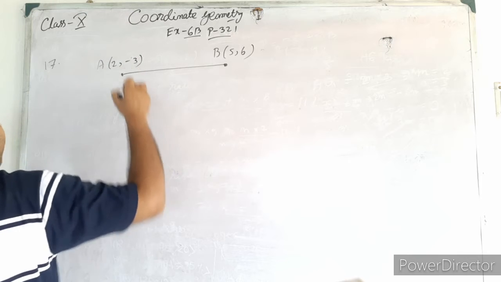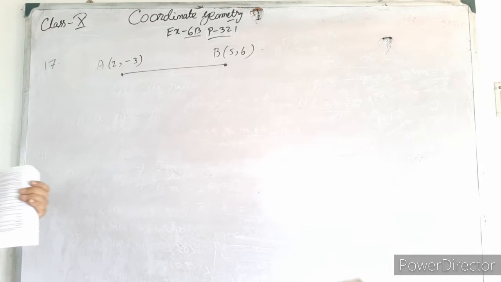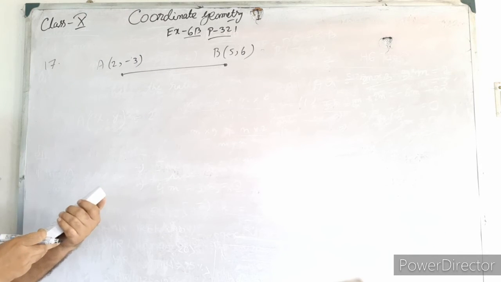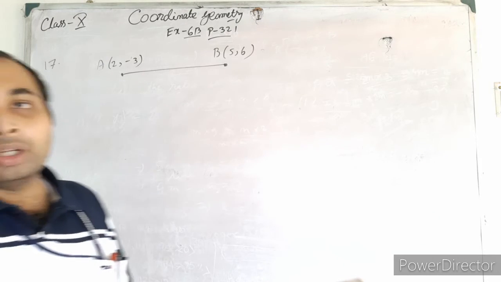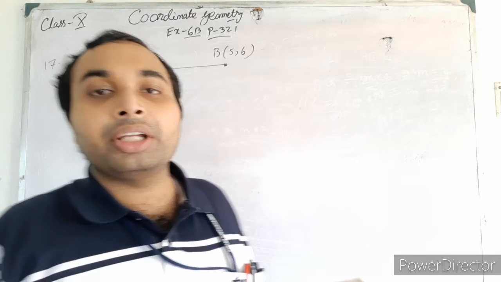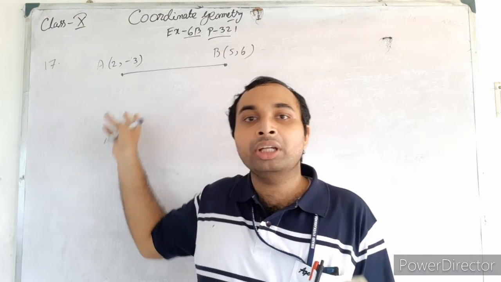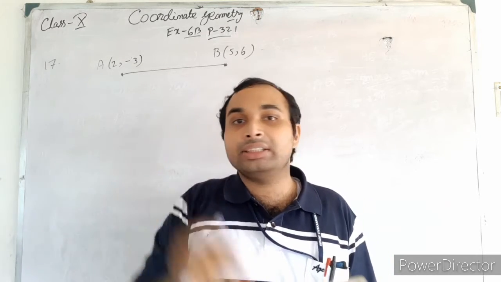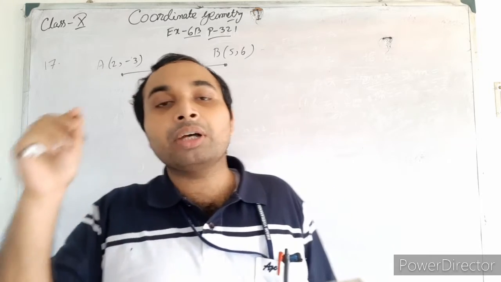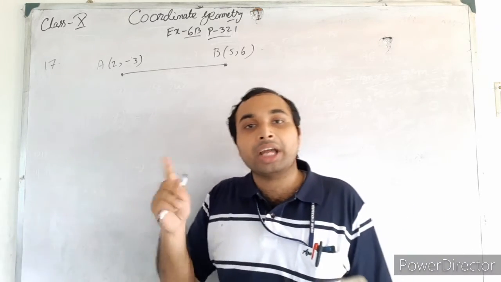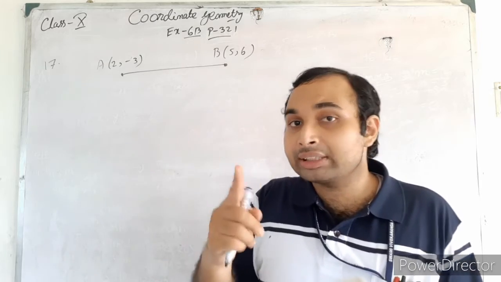Also find the coordinates of the point. Leave that part for now. By the x-axis it is given. No points are mentioned, but one piece of information is given: this line segment is divided by the x-axis. That means the point of intersection is lying on the x-axis.